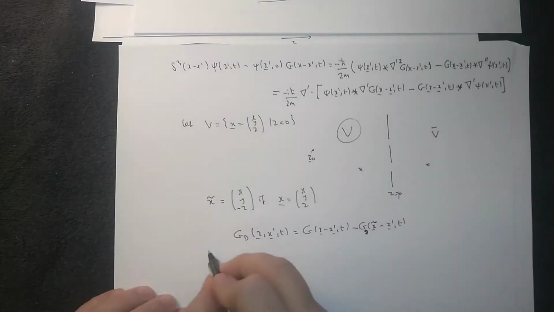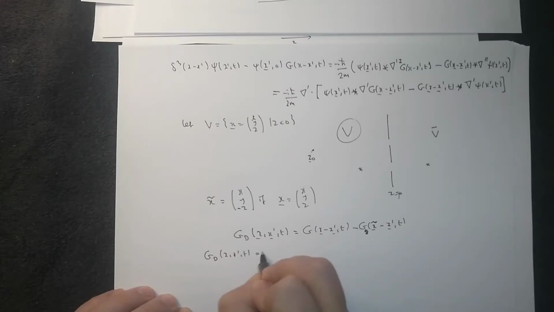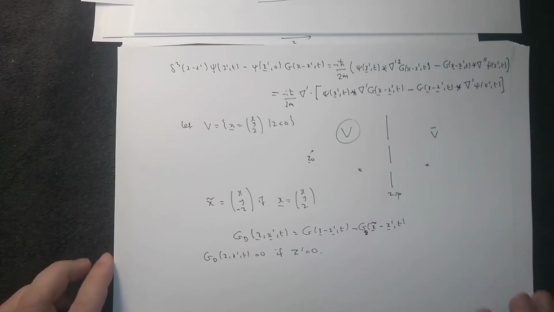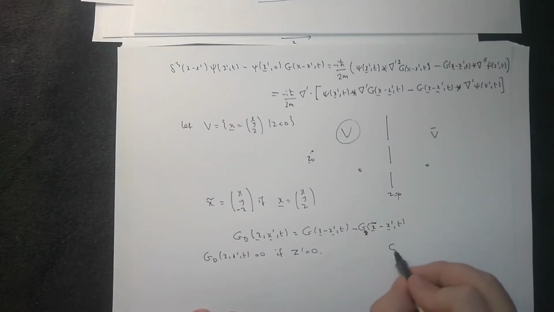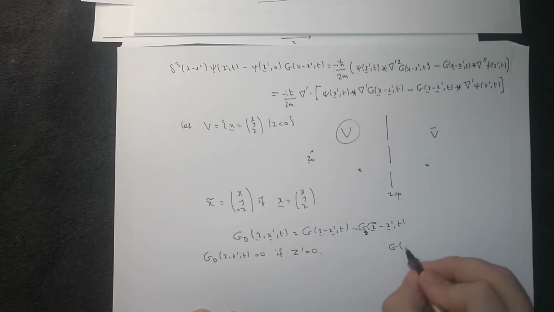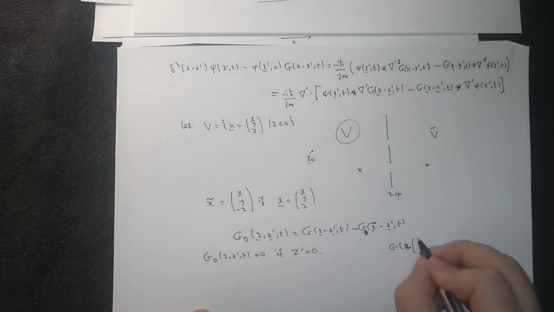So in particular, g_D of x and x prime t is 0 if z primed is 0, because the g of x, y, z and t is equal to g of x, y, minus z and t.